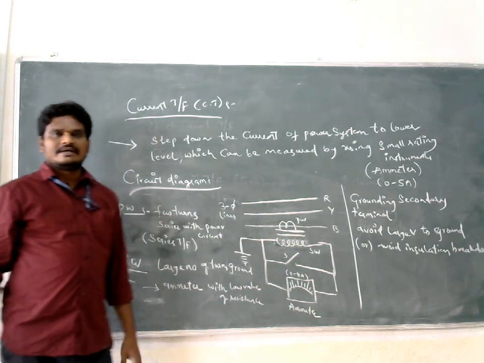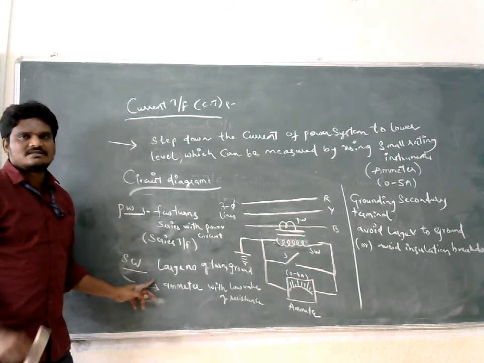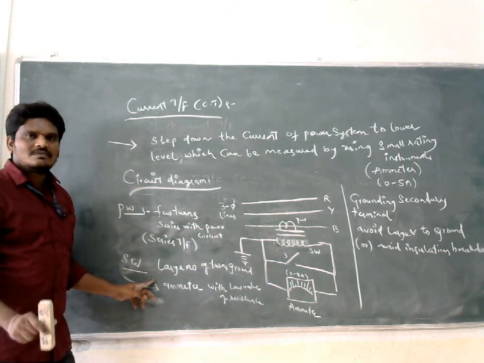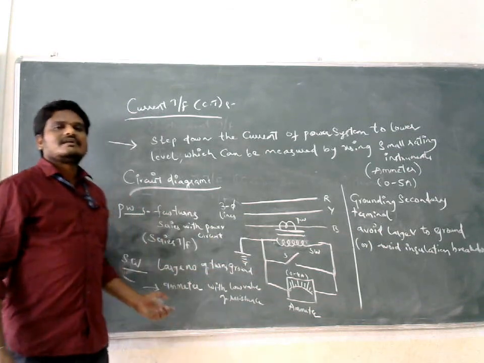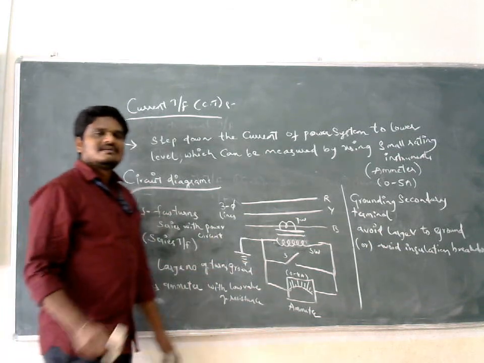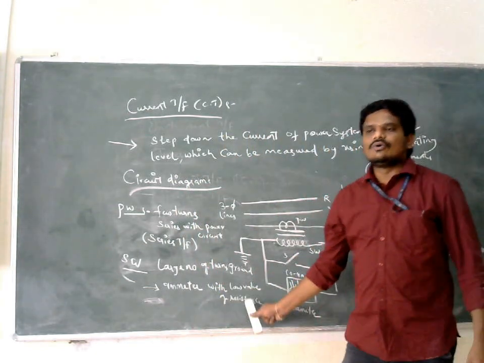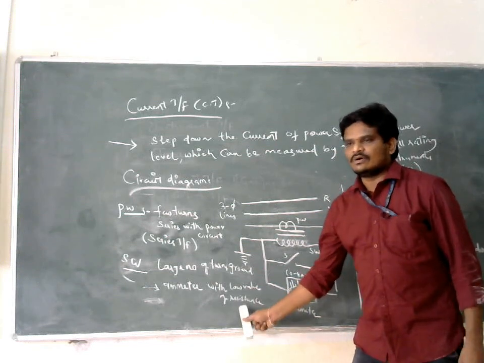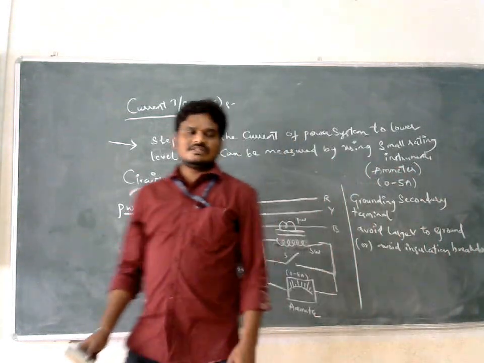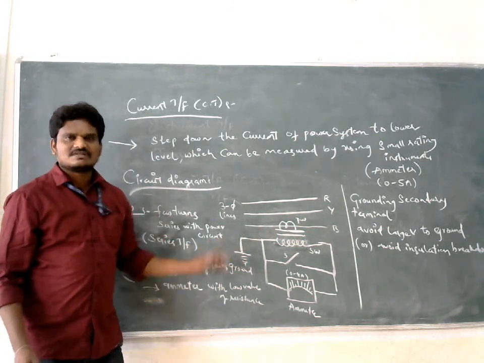Coming to the secondary winding. The secondary winding should always have a large number of turns, and is directly connected to the ammeter, due to the low value of resistance. Coming to the next point, what is the main theme of having a grounding connection to the secondary terminal?